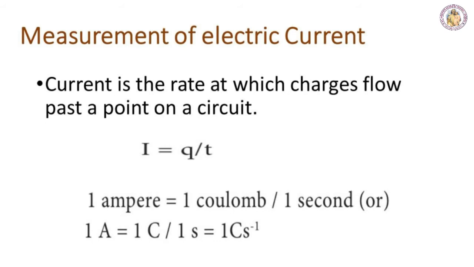The standard SI unit for current is the ampere, with the symbol A. A current of 1 ampere means that 1 coulomb of charge passes through a cross section of a wire every 1 second. So 1 ampere is equal to 1 coulomb per 1 second, or 1 A = 1 C/1 s.